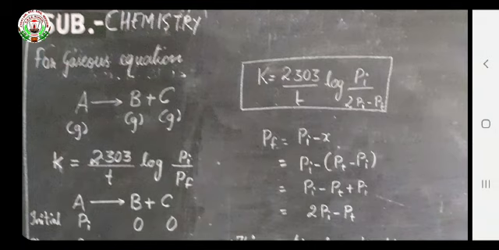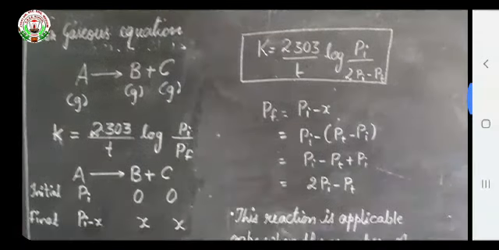That's why for gaseous reactions we have the expression as, let's say here we have one reaction in which A dissociates to give B plus C. It is also a first order reaction, in which reactant A is in the gaseous form, and products B and C both are in the gaseous form.